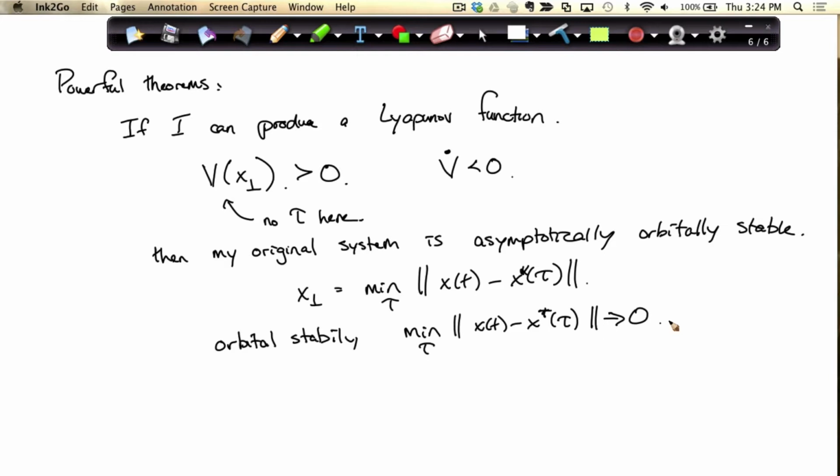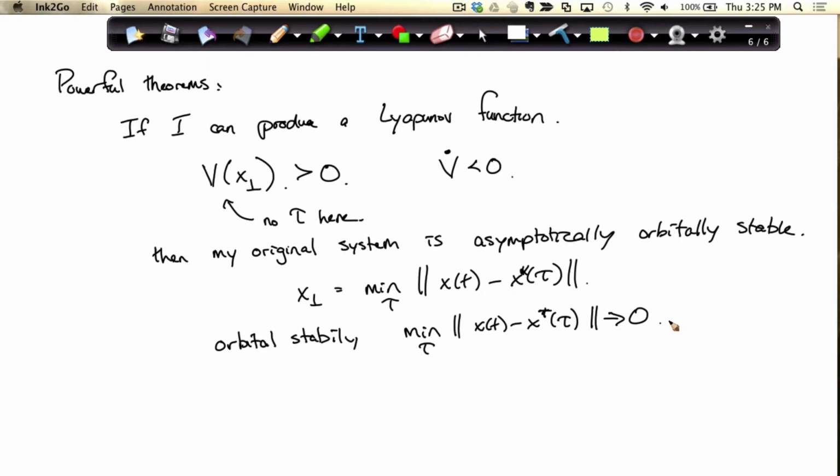Does that make sense intuitively, right? So what would you want to do? Okay, I originally had Lyapunov functions that decayed to the origin, right? Now what I'm trying to do is come up with some function which decays to the orbit, right? So if you can imagine some function which is, let's say, ideally 0 along the entire limit cycle of interest, and you can show that it's going downhill all the time, then by the time you're done, you're going to get to that orbit, okay?